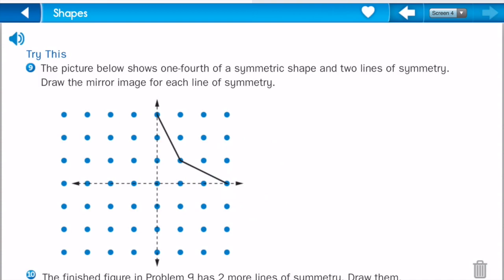I'm going to go all the way down to, looks like this line. Okay? And then I go all the way out to this line. Okay? Now we're going to go to this line.